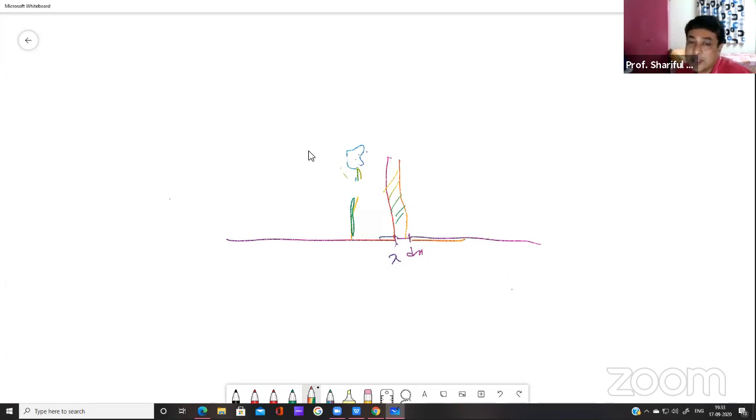If this is a scented stick here, what will happen? Obviously, we know from our practical life experience that the amount of scent around this scented stick will be higher. And if we move gradually from this point, the amount of scent will decrease.